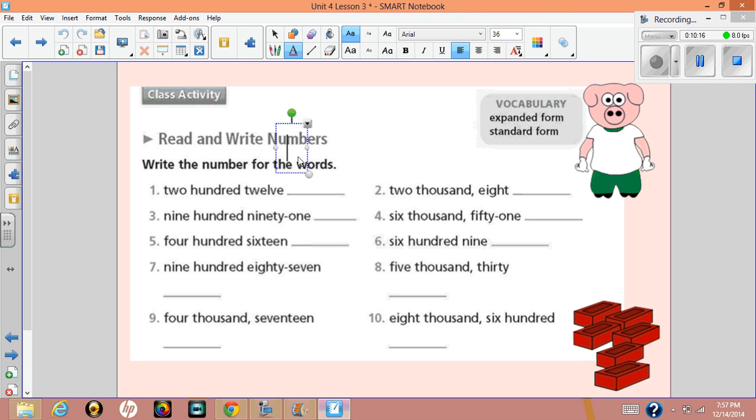So you will simply take this number right here, 212, and you'll simply fill in each. After reading the word number, you will simply write it in standard form.